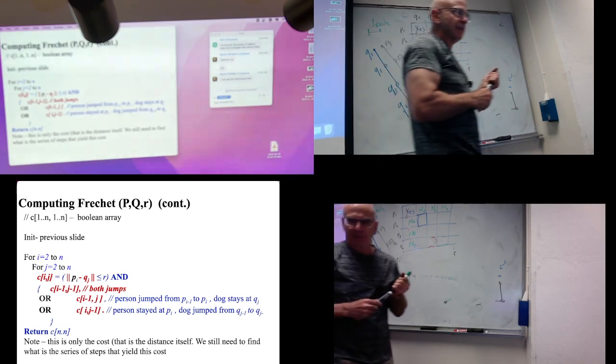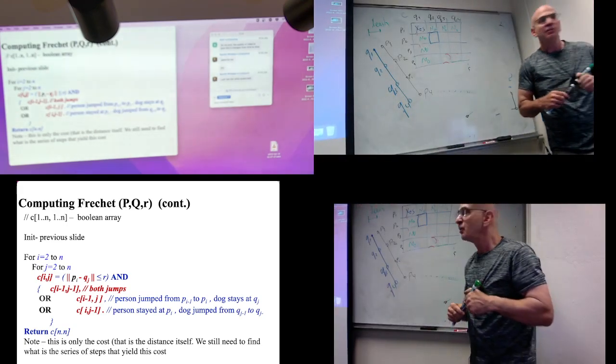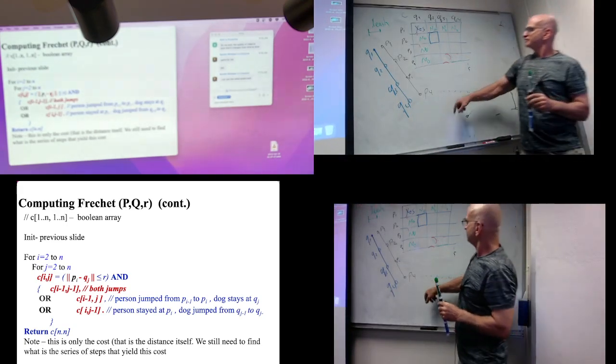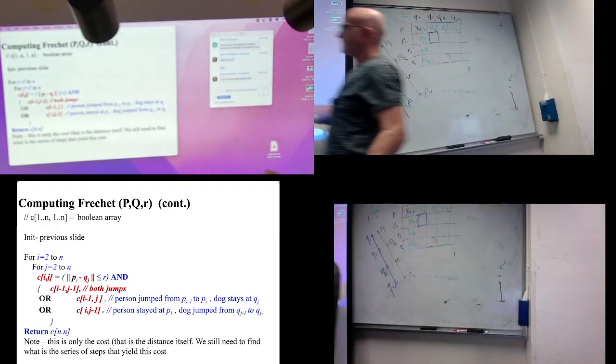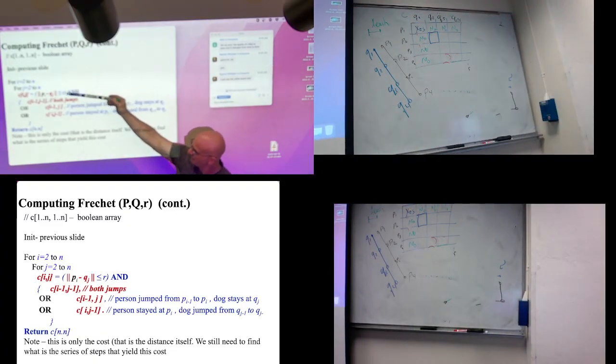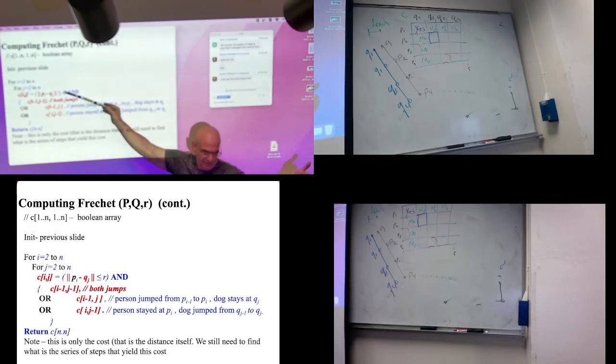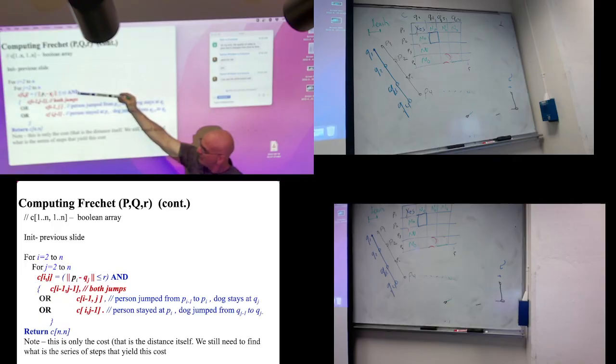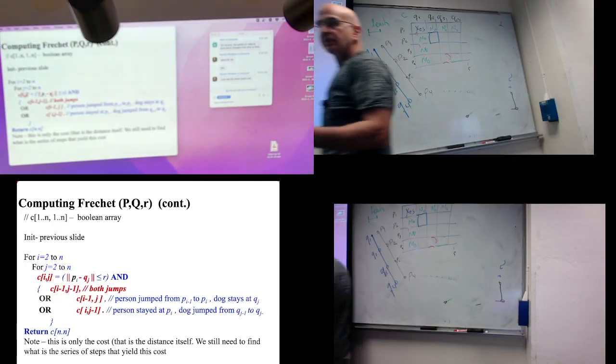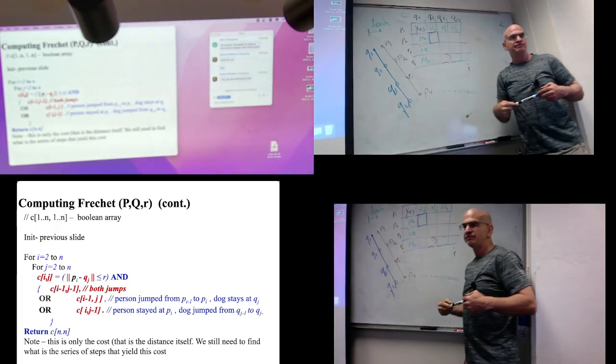I'm checking the second condition. P2 minus Q2 is less than R on my drawing, and next I'm checking the following three conditions.